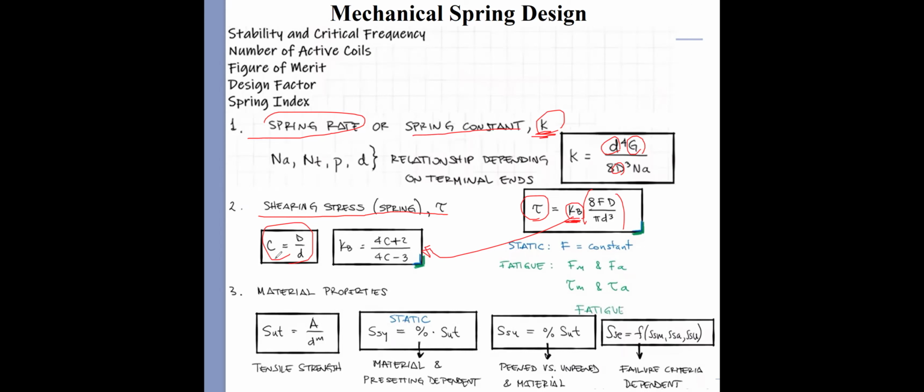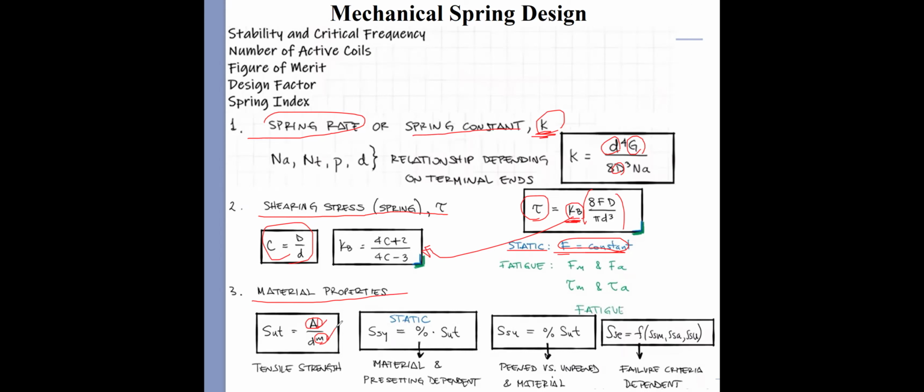If this mechanical spring is subjected to a static loading, which means the force is constant, we can easily define its material properties to find the parameters A and M, which are material related.